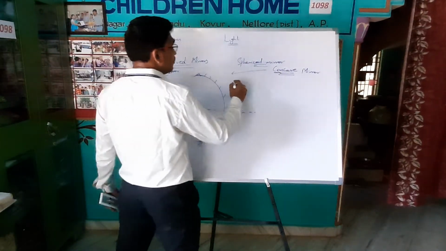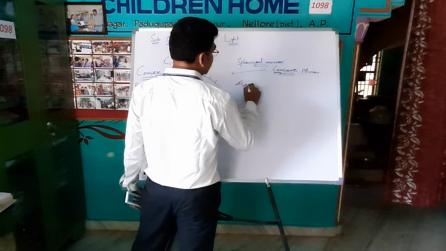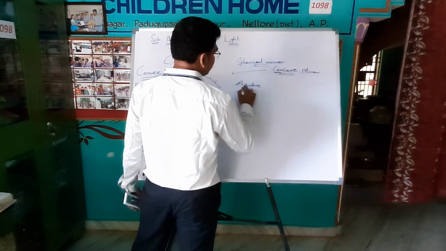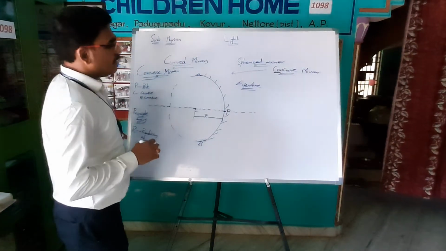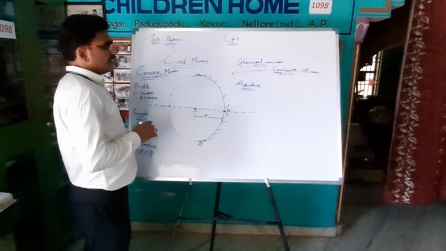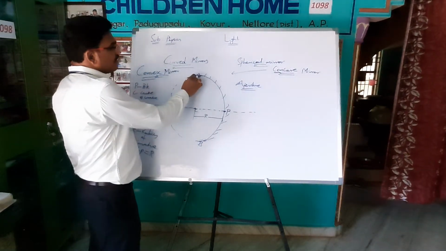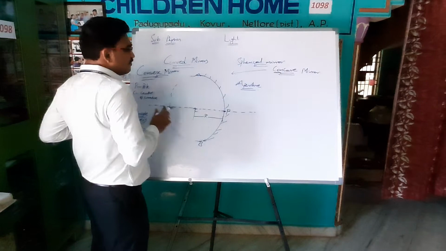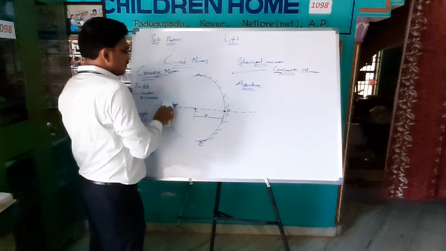Now another term I want to introduce is aperture. What is aperture? Aperture means the distance between the two endpoints of the mirror. What are the two endpoints of the mirror?